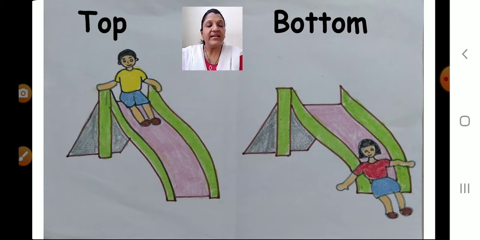And in the right side picture, you see a girl. What is the position of the girl? The girl is sitting at the bottom of the slide. She has come from top to the bottom. She is now at the bottom of the slide. Have you got it? Let's see the next picture.